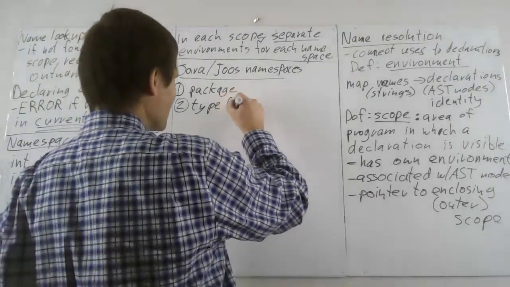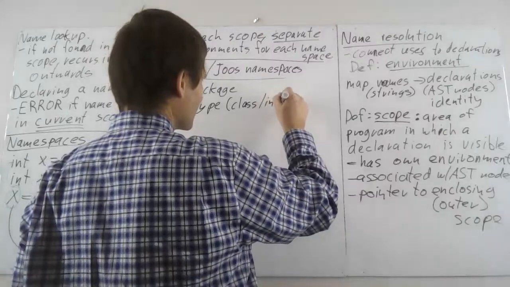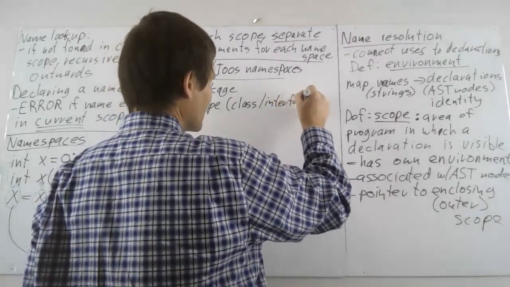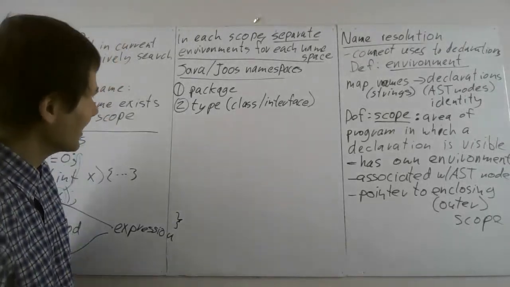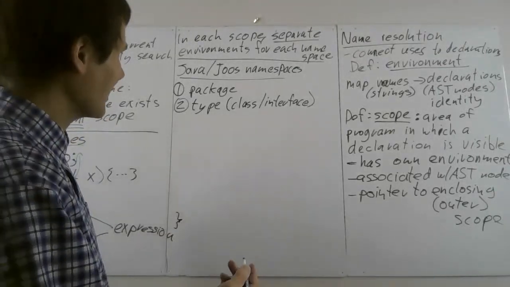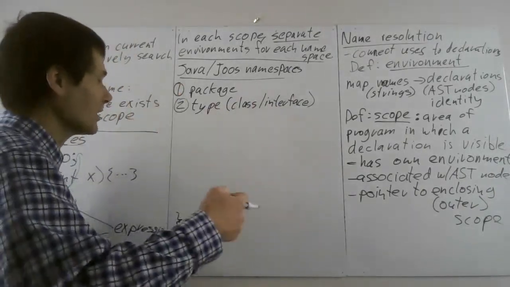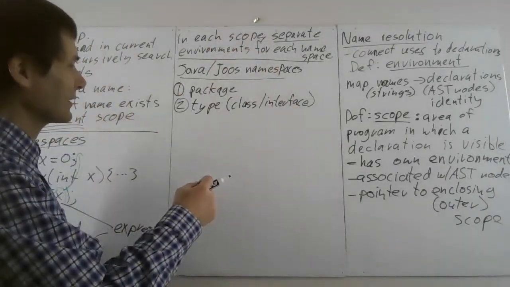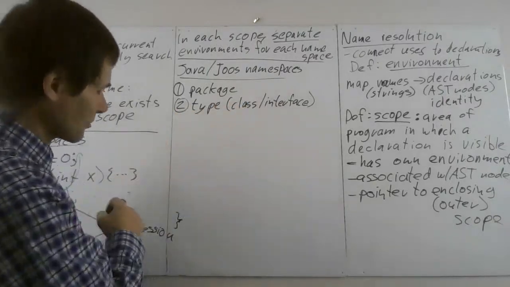It uses the name type to mean a class or interface, which is confusing because it also has a type system and type checking and things that are not just classes and interfaces. And we'll talk about types in general later on, but in the Java spec, they use the word type to mean class or interface.